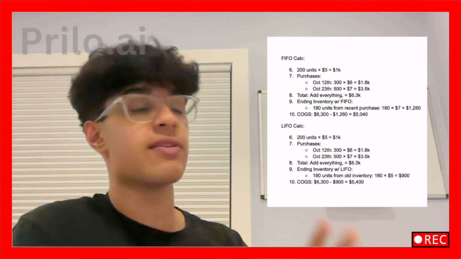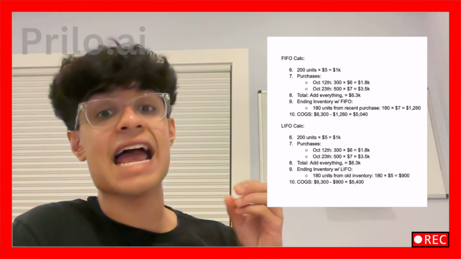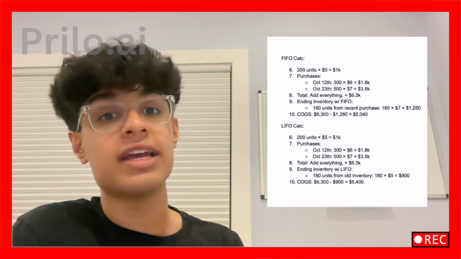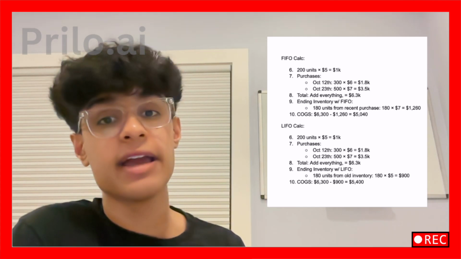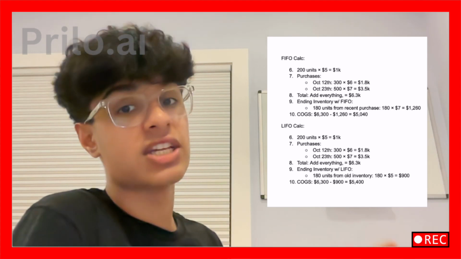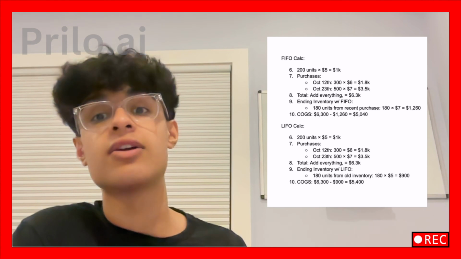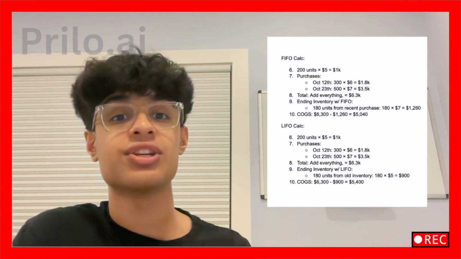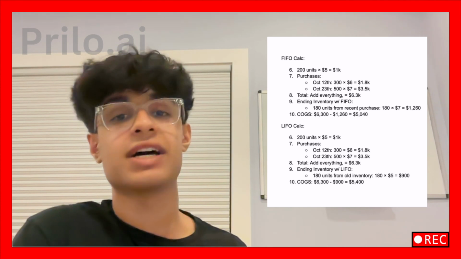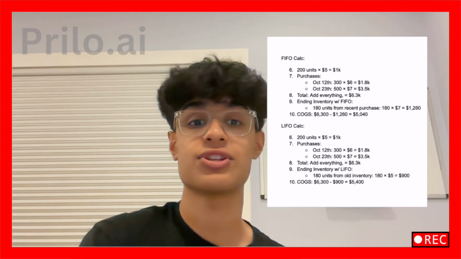So that's the same for FIFO and LIFO, but the ending inventory is where the LIFO calculation comes into play. You multiply that 180 by $5, which is the price from the oldest inventory, resulting in a $900 deduction from the 6,300 for COGS, and that comes out to 5,400, which is greater than the 5,040 from the FIFO calculations.